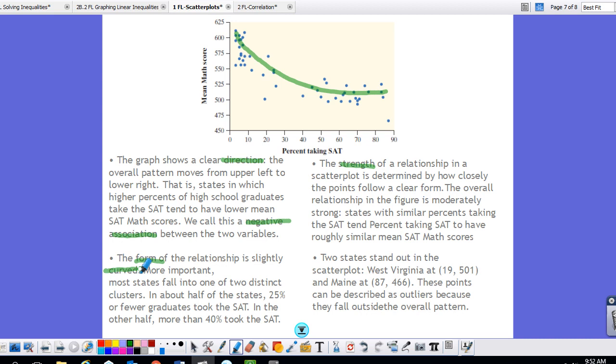For strength, you see most of these line up. We really can see that curve pretty well, but it's not perfectly lined to the curve that I drew in. So we're going to say it's moderately strong, and then again, context piece. Then we have a couple that stand out, West Virginia and Maine, which you can see on the graph are away from that curve.